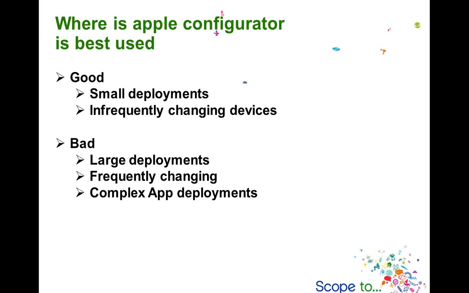Where is Apple Configurator best used? Well, the reason that we're using it is because we're a relatively small deployment of iOS devices currently, and they're infrequently changing devices. Because this is a cabled solution, you need to bring the device back, plug it in, cable it, sync it up.